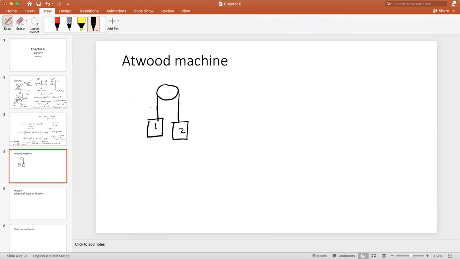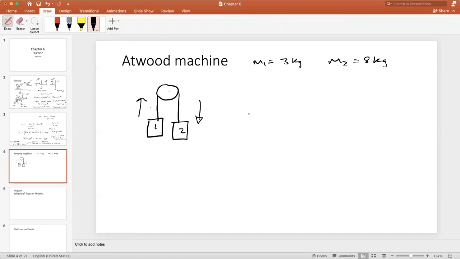So if mass 1 falls, mass 2 rises, and if mass 2 falls, mass 1 rises. We're going to say that mass 1 is 3 kilograms, and mass 2 is 8 kilograms. By your own physical intuition, whichever one's heavier is the one that's going to fall, right? So we know that this one's going to fall, and this one's going to rise.